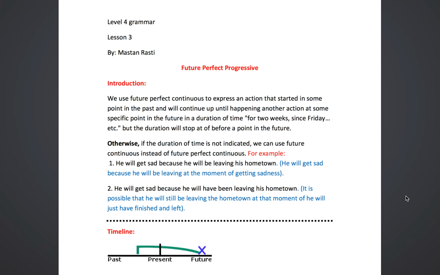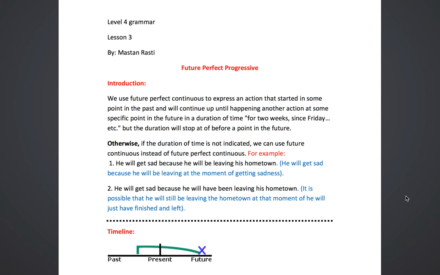I'm gonna read it for you. We use future perfect continuous to express an action that started at some point in the past and will continue up until the happening of another action at some specific point in the future.